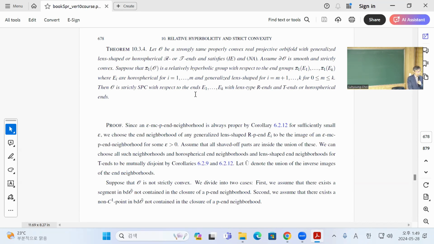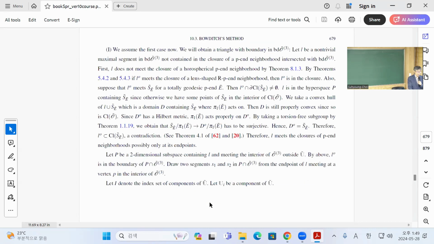And then Theorem 10.3.4 is that if it satisfies I and NA, and it's smooth and strictly convex, so if it's relatively hyperbolic with respect to the N group, then it's actually strictly convex. Okay, so the strictness will happen. So that's the converse. And so the basic proof is, if you suppose it's not strictly convex, then there are some segments here, and you make this into a maximal segment, which is not intersecting the lens ones and so on.